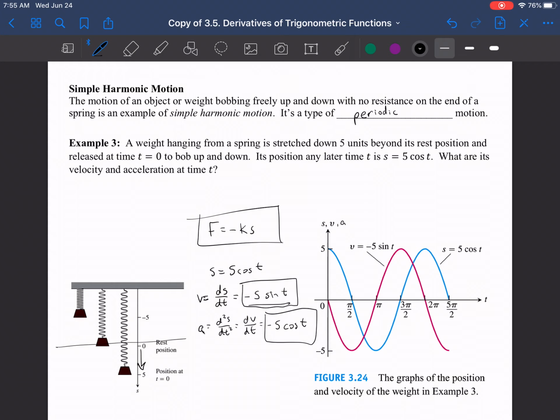So if we were to draw that in, say maybe in green, it would do something like this, and that would be our negative 5. This would be a equals negative 5 cosine of t. Okay, but there you go, acceleration and velocity just from having our position function.